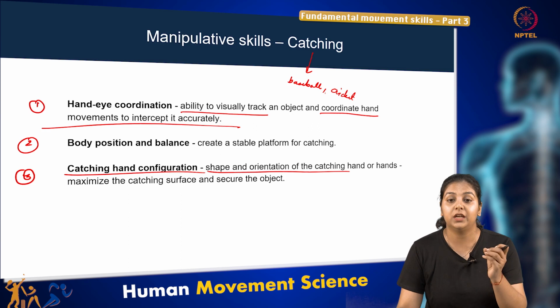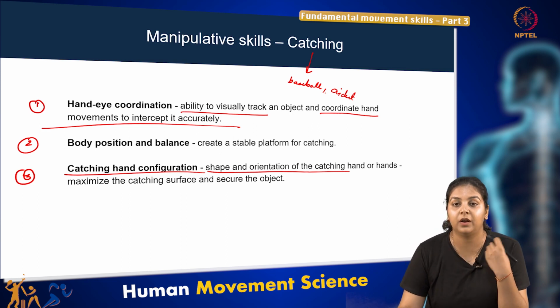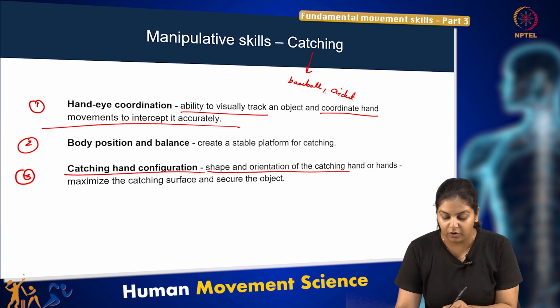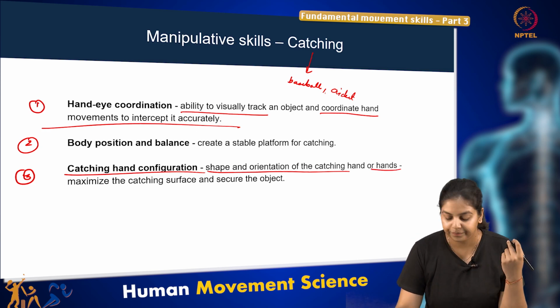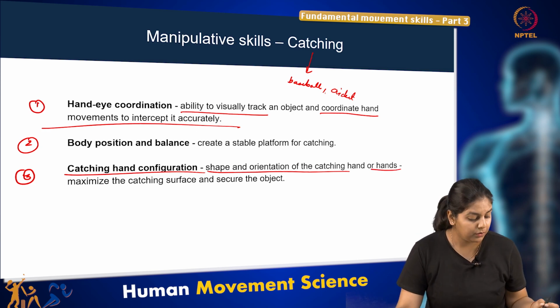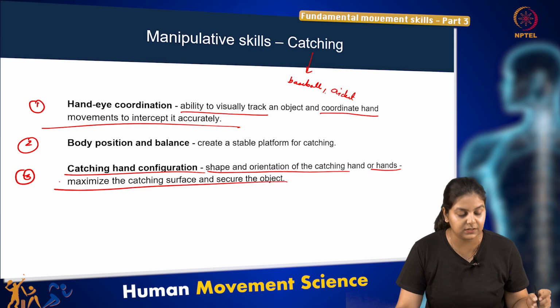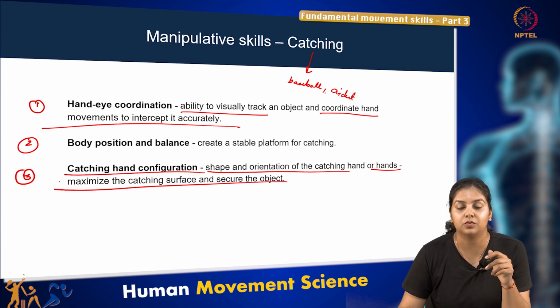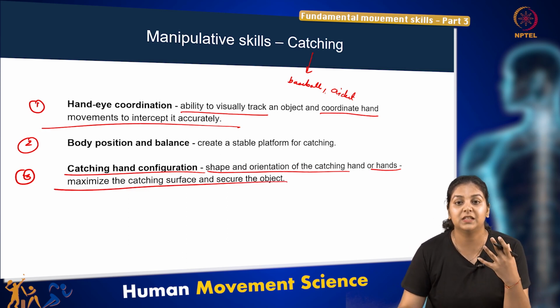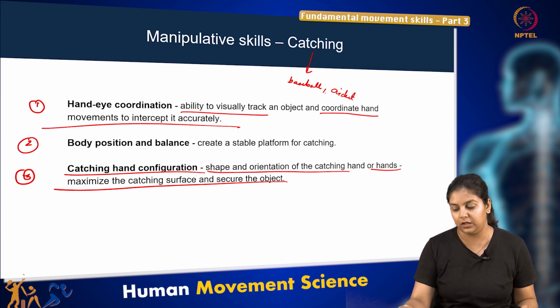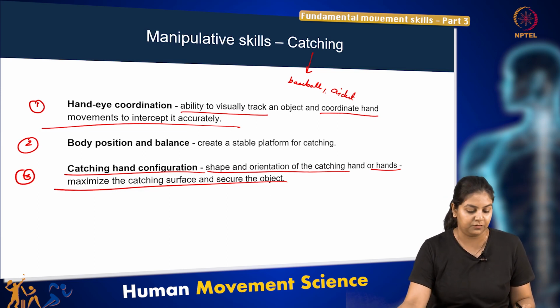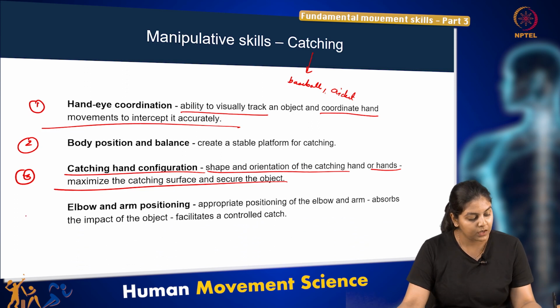So your orientation and shape is quite important when you're catching with your hand or hands, depending on if you're using a single hand or both of them, to maximize the catching surface, right? So you're maximizing the catching surface and you're also securing the object, so it doesn't fall out of your hand.